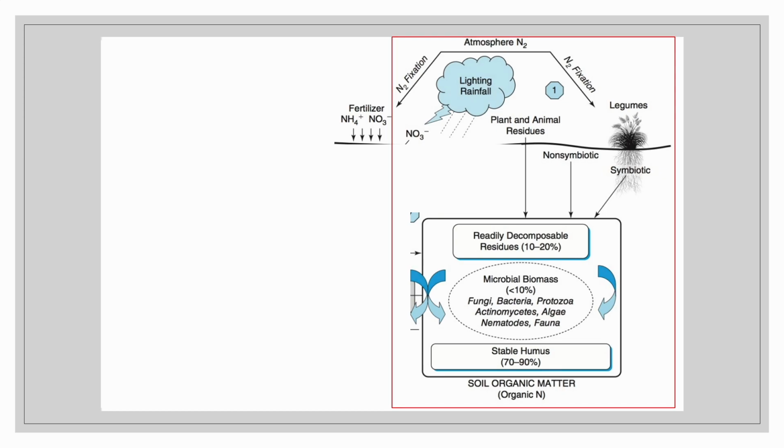So N2 is not plant available. Plants cannot do anything with N2, but the nodules that absorb some of that N2 gas can then convert that from N2 gas to ammonium.